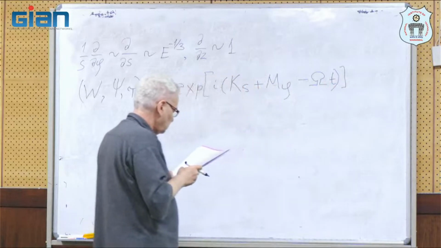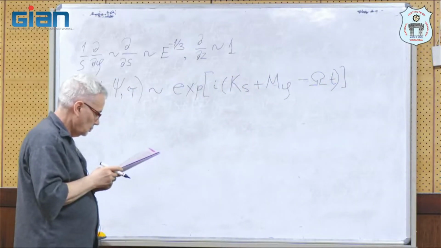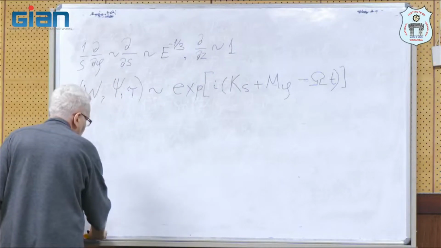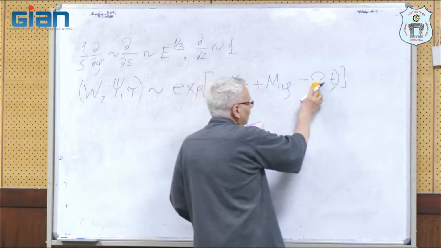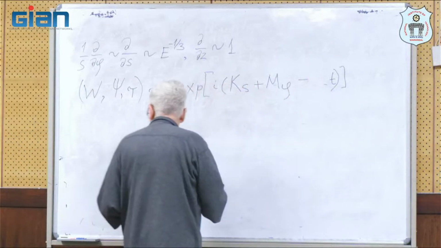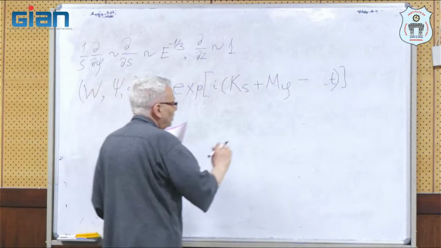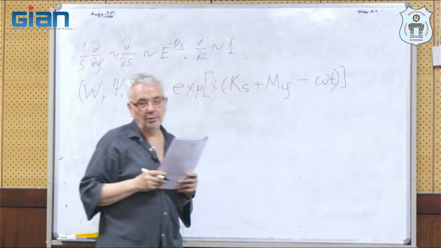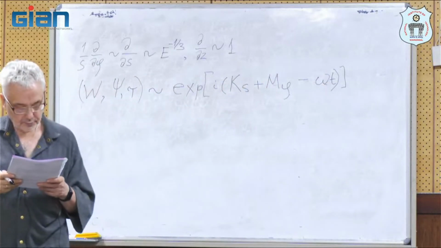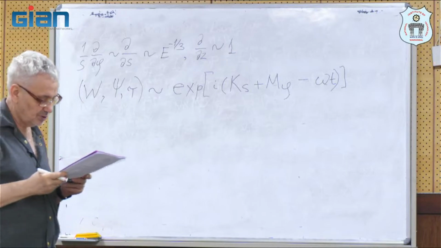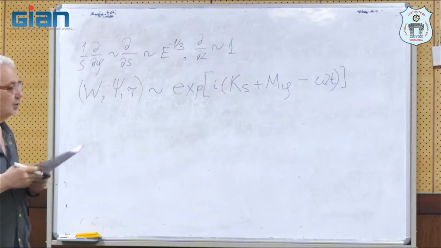Not to mistake this omega with the omega we had previously in the definition of the Ekman number. Let's make it small omega. In the original paper it was like that, but nevertheless it's better to represent it as small omega.